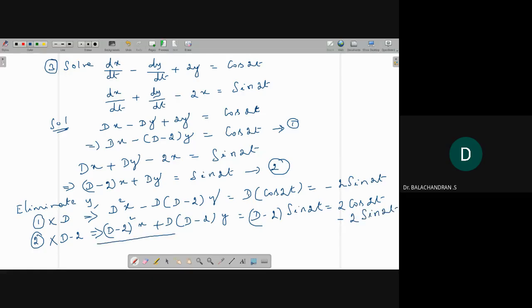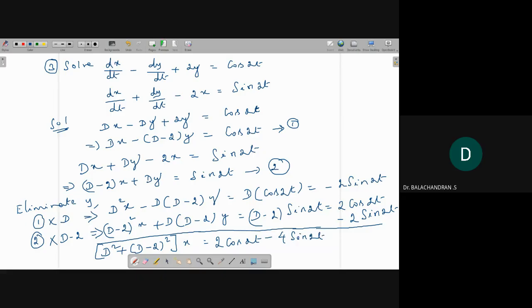Okay, now just add these two. The terms D into (D minus 2) into y and plus D into (D minus 2) into y get cancelled. Remaining, you have D square plus (D minus 2) whole square into x. The right hand side is 2 cos 2t minus 4 sine 2t.